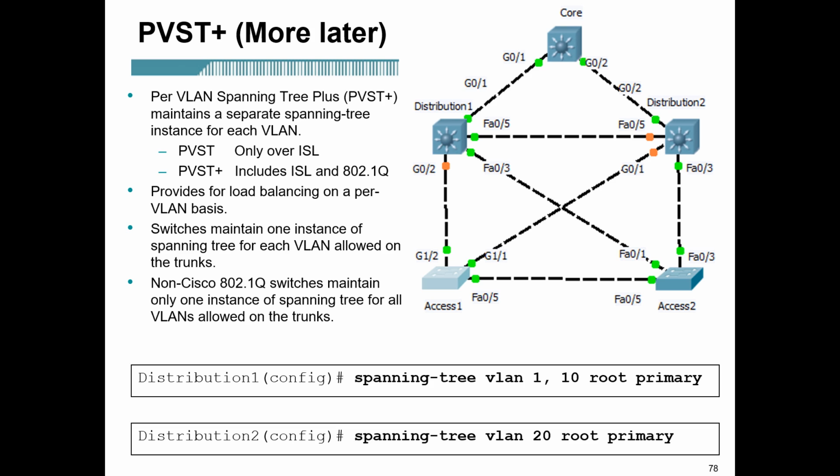So how we do that is we can set spanning tree VLAN, the appropriate VLANs, and then you can set the root primary for those appropriate VLANs. That way you can load balance between switches between VLANs.